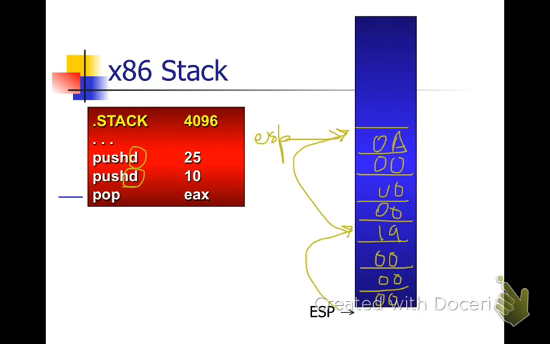So remember, pop automatically is going to look at the destination for size. So this is going to pull a double word from what the stack pointer is pointing at. Well, here's the double word that the stack pointer is pointing at.